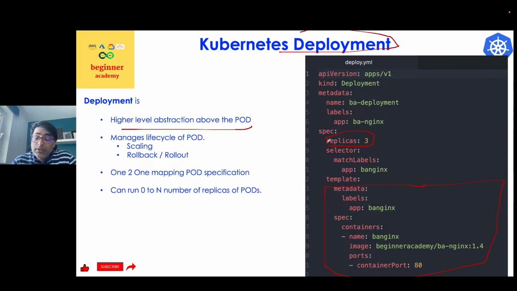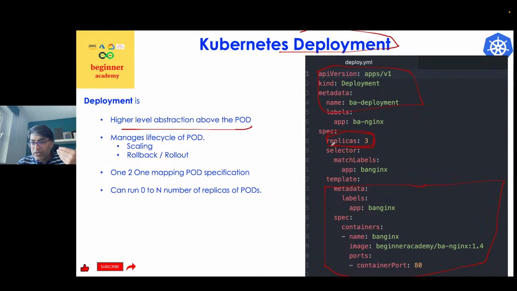So during the initial time, three replicas of our pod should be present. That is what we are mentioning at the replicas level. At the top, it is common across all our Kubernetes resources: the version, the kind is Deployment, metadata and the name we are giving.